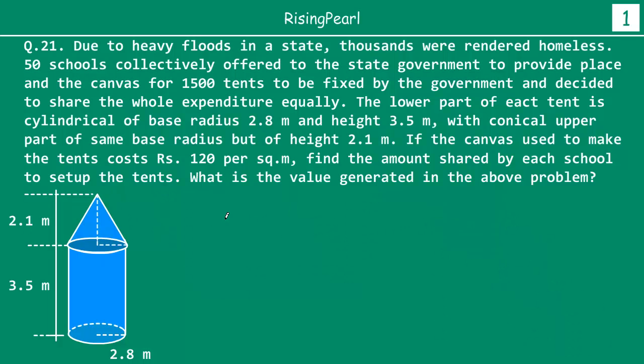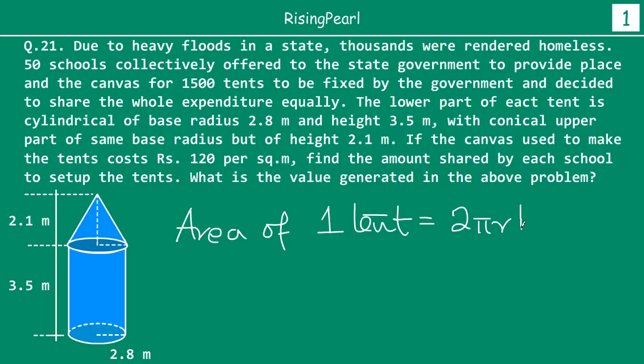So we know that area of 1 tent will be equal to 2 pi r H plus pi r L, or this will be equal to, so from here we can take pi r common, so pi r, now 2h, this is for the cylinder, right?